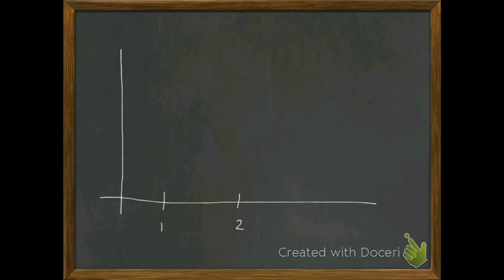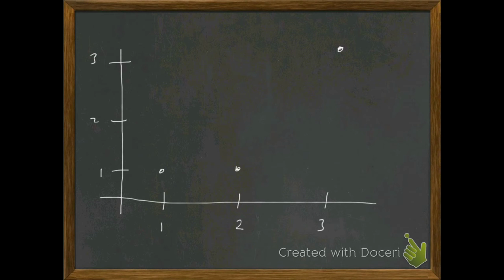Now, I want to start out here looking at a very, very simple small data set. So I don't know what we're going to use. Let's go 1, 1, 2, and let's go 3.